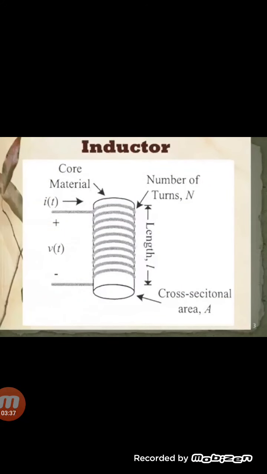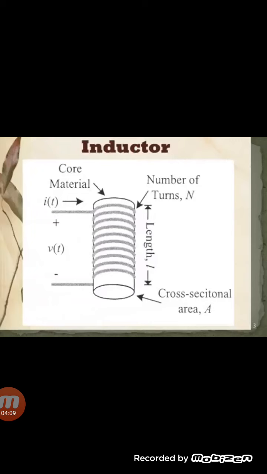Students, this is an inductor, right? About this inductor, first of all, the length of this inductor is L, and what you are watching on this inductor are the number of turns. So the number of turns is N. A is the cross-sectional area. Okay?